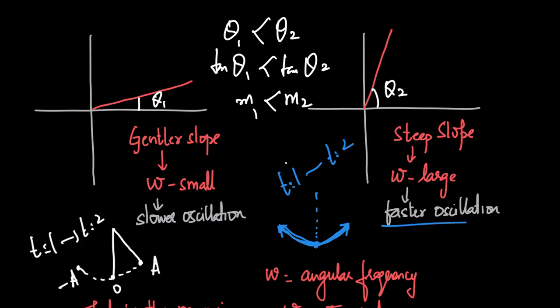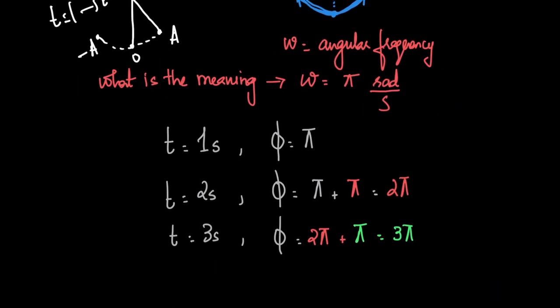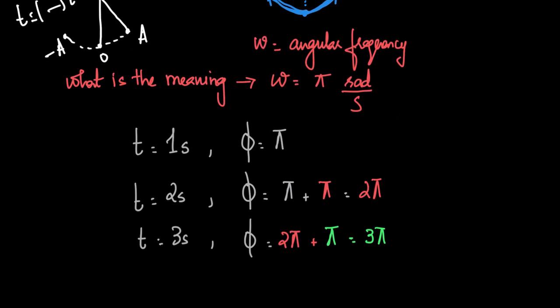Okay. Now we need to understand what difference this actually makes in the mathematical angle. For example, if omega is equal to pi radians per second, and t is 1 second, I'm assuming here that when we started the observation, the initial phase phi 0 is 0 radians.